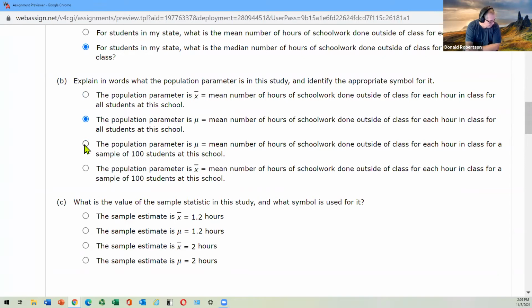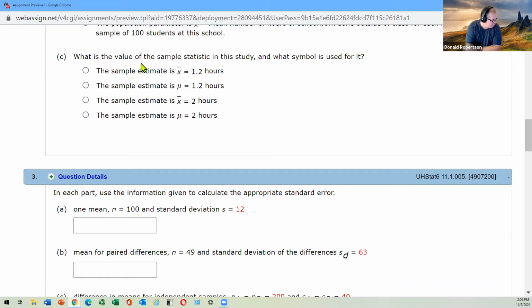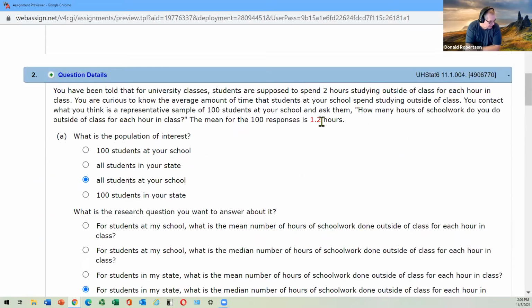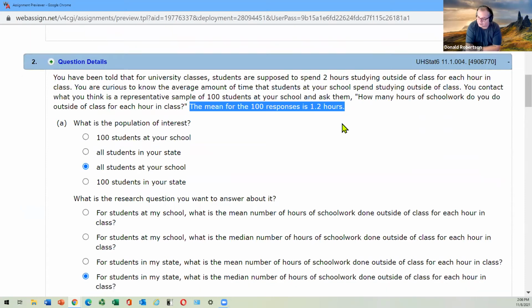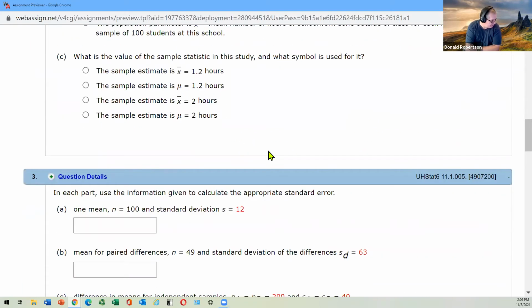What is wrong with the one below it then? Say again? The symbol. Yes, it's a sample. Now, what is the value of the sample statistic? If we go back to the beginning, isn't that the statistic, the sample they got, and the number was 1.2?